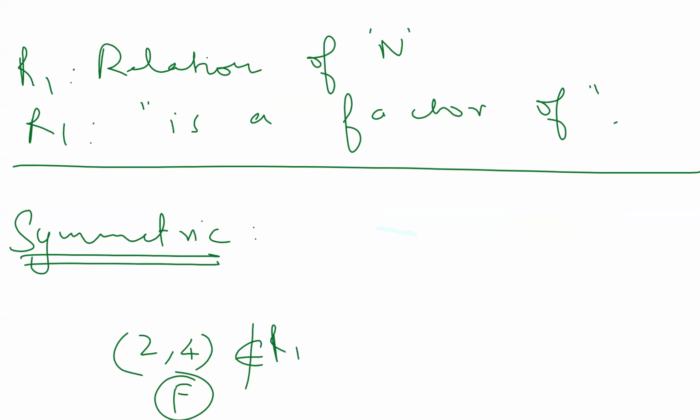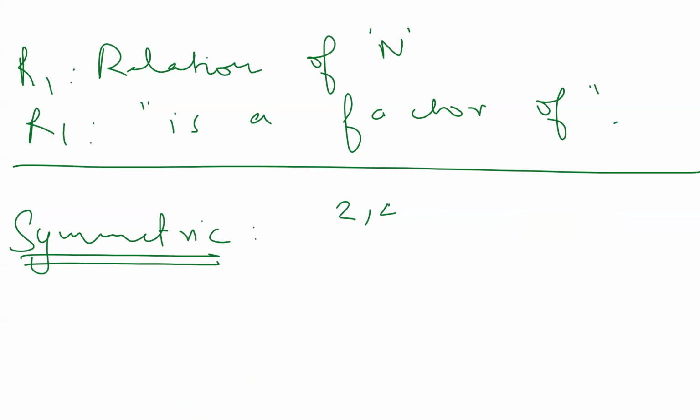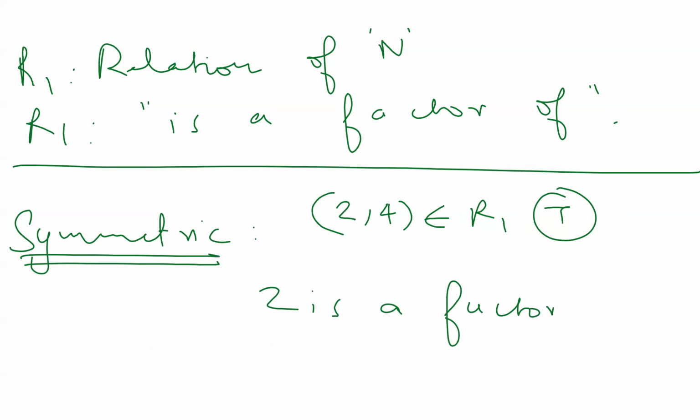Sorry for that. 2 is a factor of 4. This belongs to R1 because this is true. Because when we factorize 4, do we get 2? Yes. I considered the reverse way. Sorry for that. 2 is a factor of 4 because when we factorize 4, we do get 2.